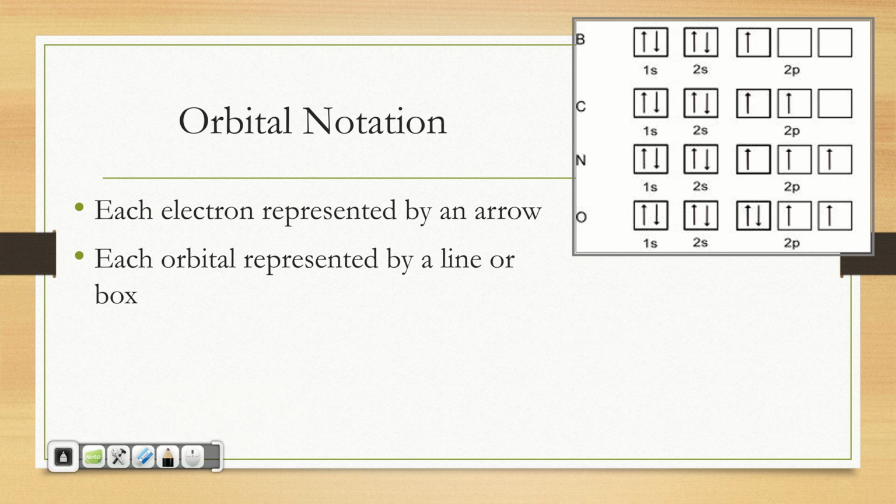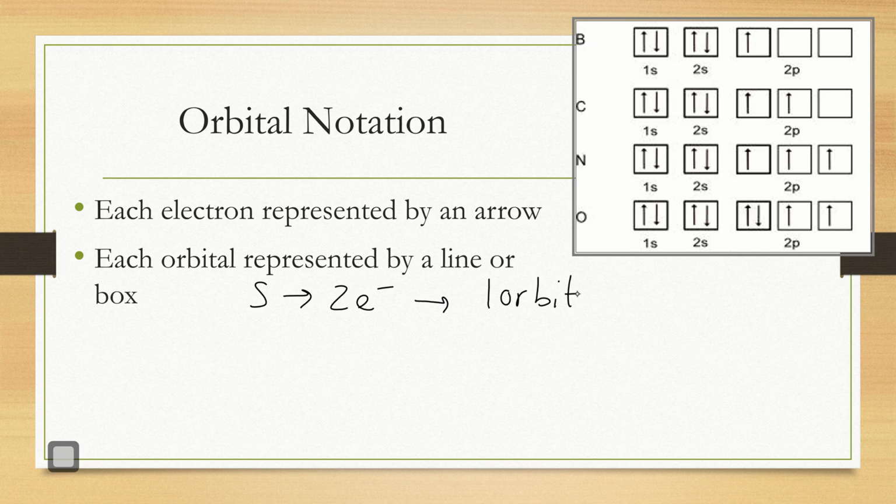The S subshell can only hold a maximum of 2 electrons, because there's only one orbital, one box, one line in the S subshell. 1s has one box, 2s has one box.